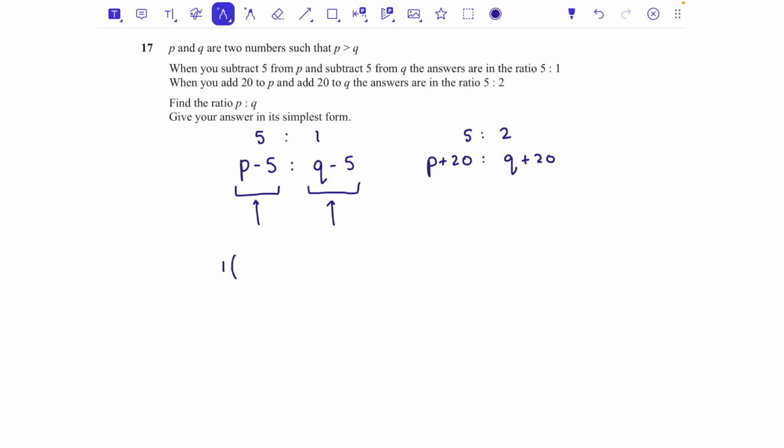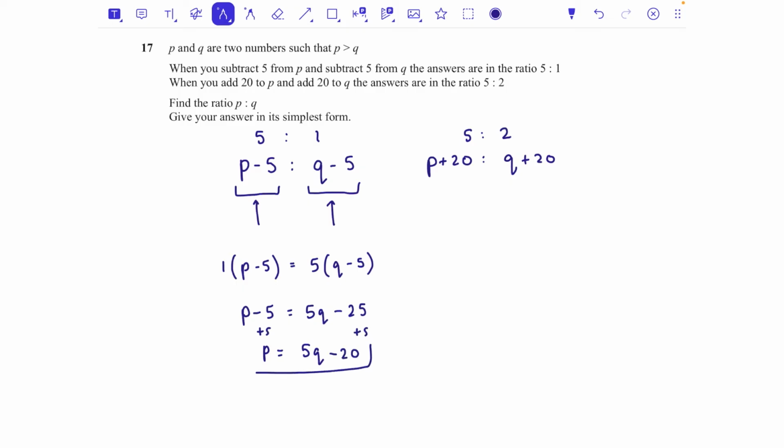So 1 lot of P take away 5 is equal to 5 lots of Q take away 5. So P minus 5 equals 5Q minus 25. So P is 5Q, and I'm adding 5 to both sides here, so minus 20. So there we go, I've got one equation here that's going to help me.